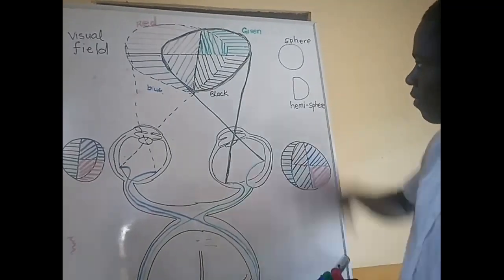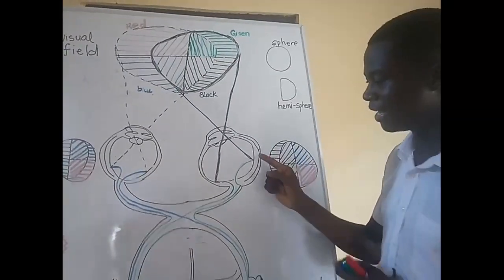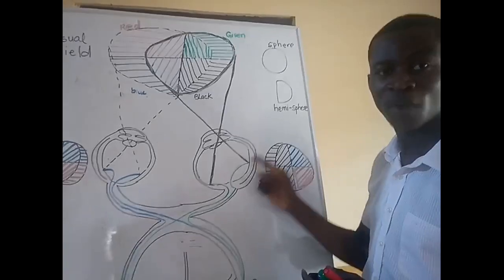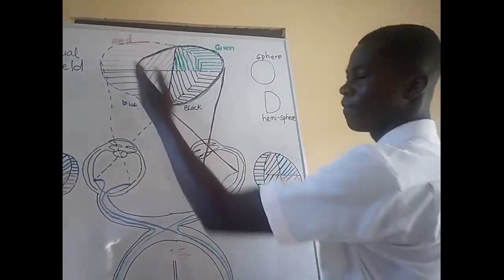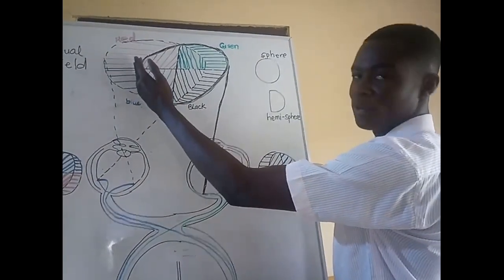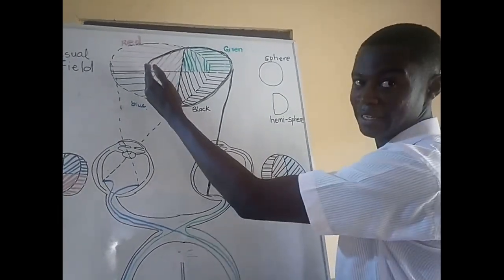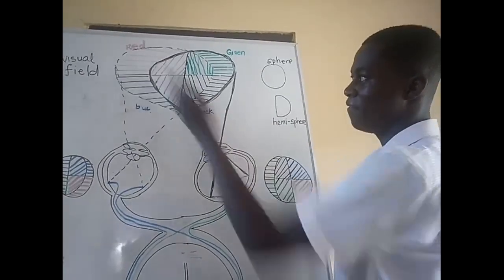So, from what we learned here, we will say that the right side of the retina of the right eyeball perceives what? A hemifield that is towards the left side. So we say left hemifield.